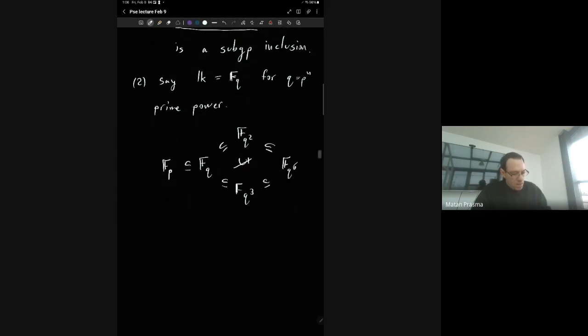And of course, at the end of this chain sits F_q bar, which, I remind you, there are many ways to write. I write it slightly informally as the union of all F_{q^n}.